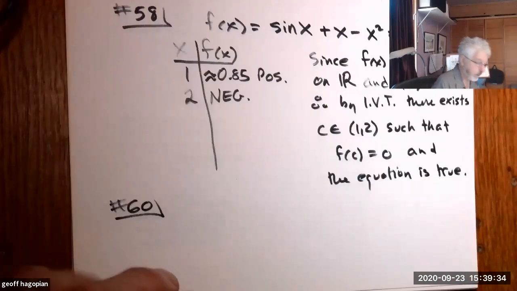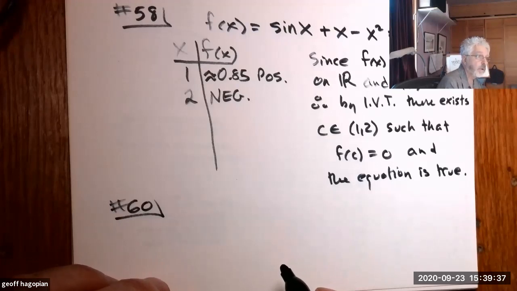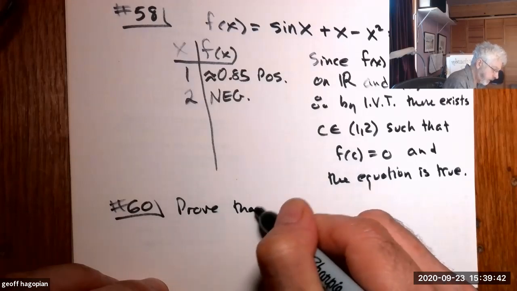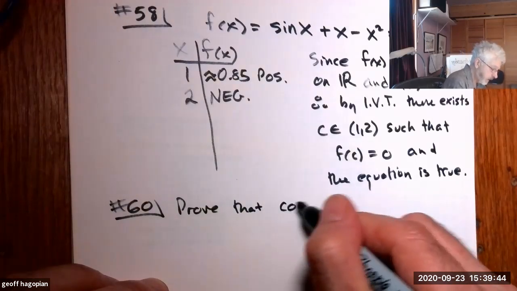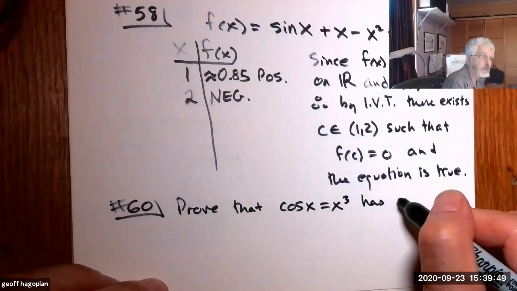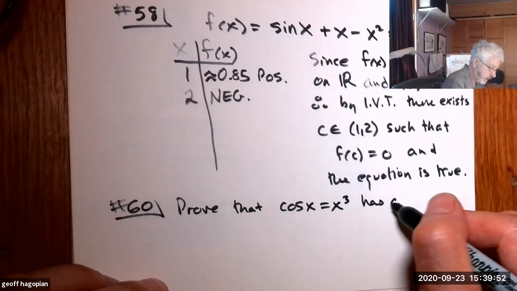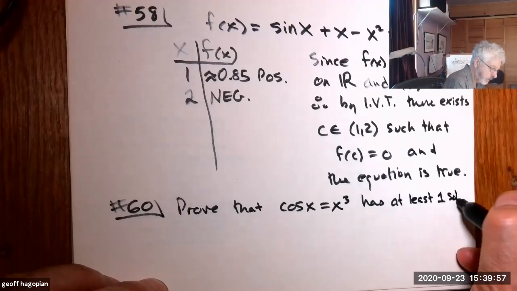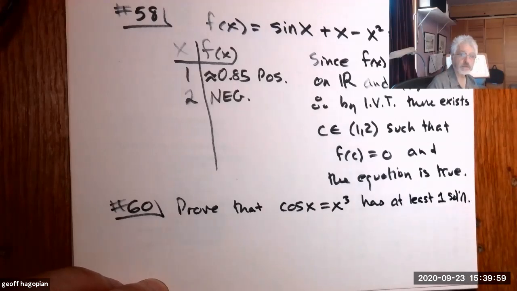Prove that cosine x equals x cubed has a solution, at least one, they say. They say a real solution, but that's the only kind we work with. And use a calculator to find an interval of length 1/100th that contains a solution.